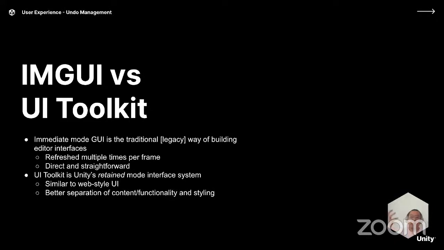This allows you to separate content, functionality, and styling. This is really nice because you can work on all of your functionality and content, and then work on the styling later. You can even hand off the styling or work in parallel with a UI designer. So that's really useful.